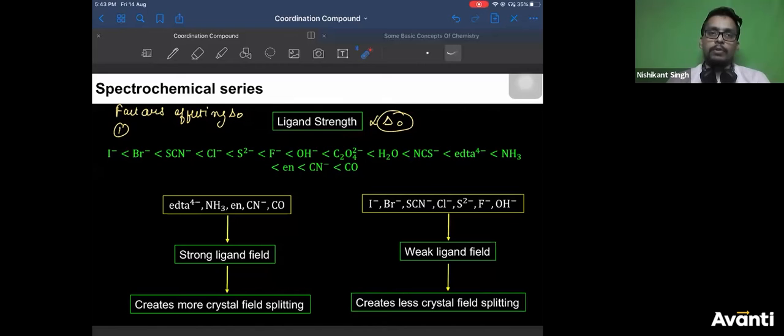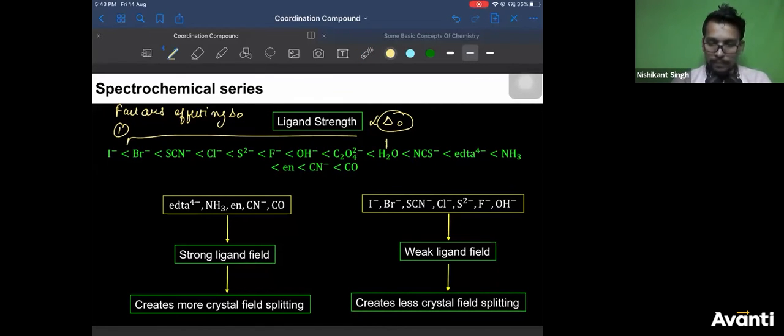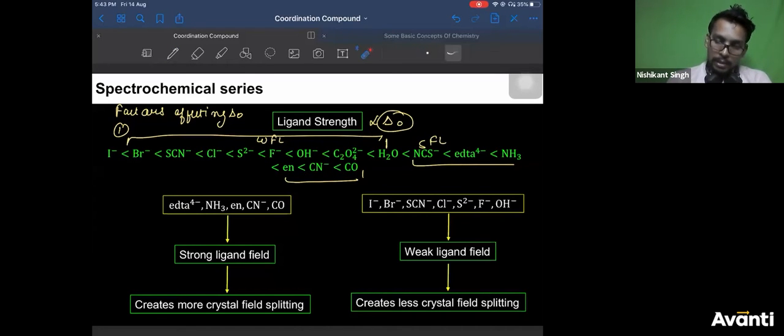Up to water you consider them weak ligands. After water you consider them to be strong field ligands. Correct? Now can you tell me why strong field ligands have more delta O value? I gave you the reason yesterday.